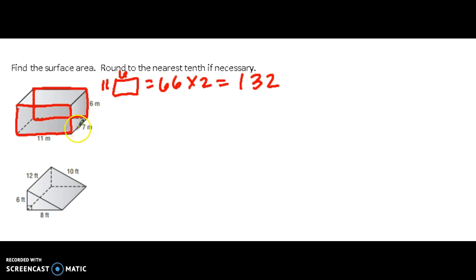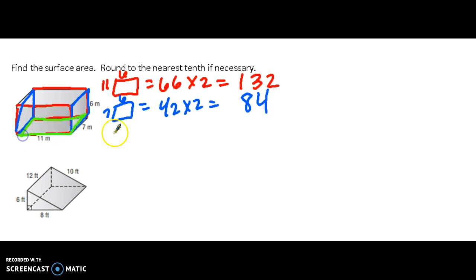For my left rectangle, I have 7 times 6, which is 42. That's for the right side and the left side. So that's a total of 84 for the left and right. And then the bottom is 11 times 7, which is 77. That's for the bottom and the top.